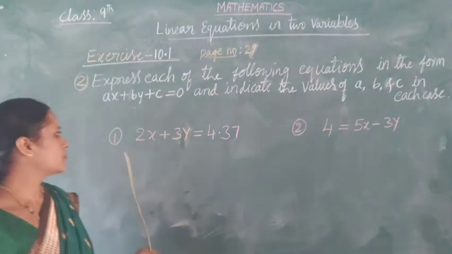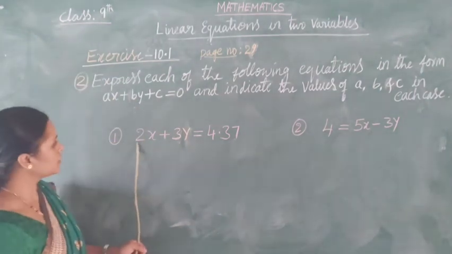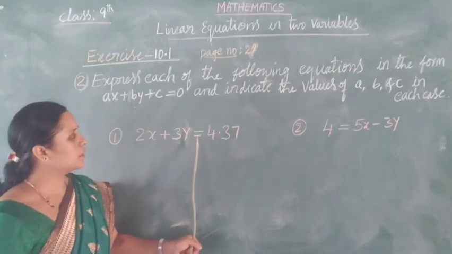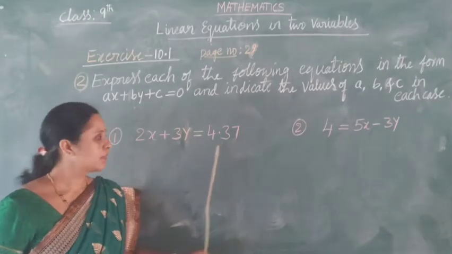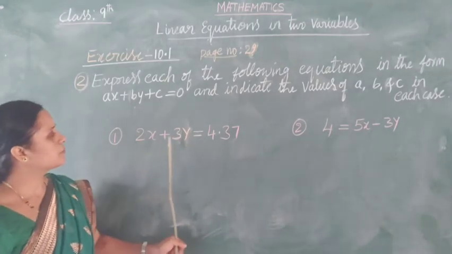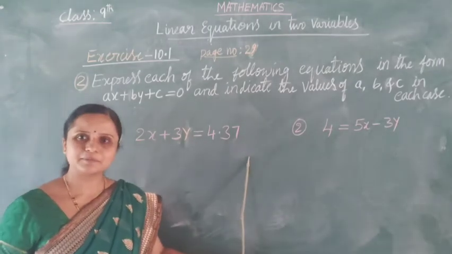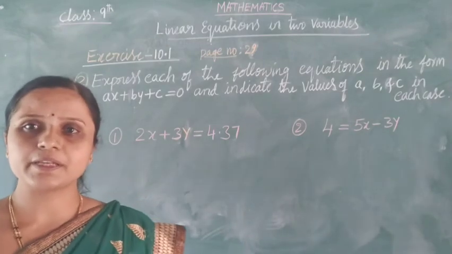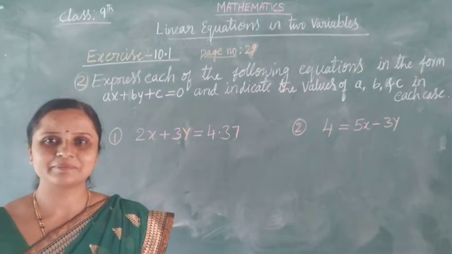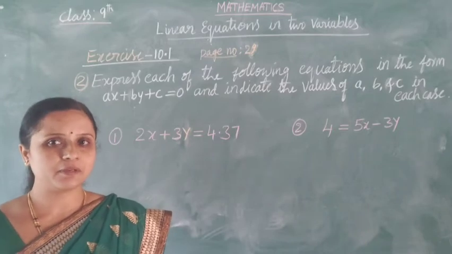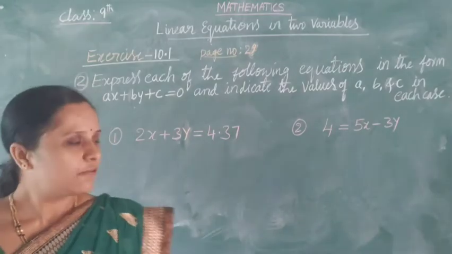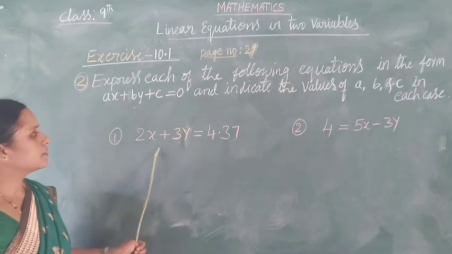Students, now coming to this question. The question is 2x plus 3y equal to 4.37. Is it in the form of ax plus by plus c equal to 0? No, it is not. So first you have to write it in general form.